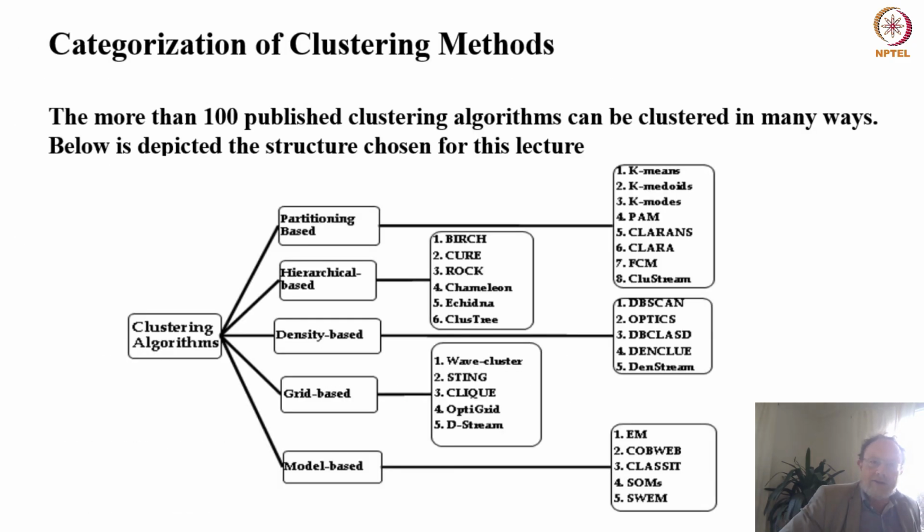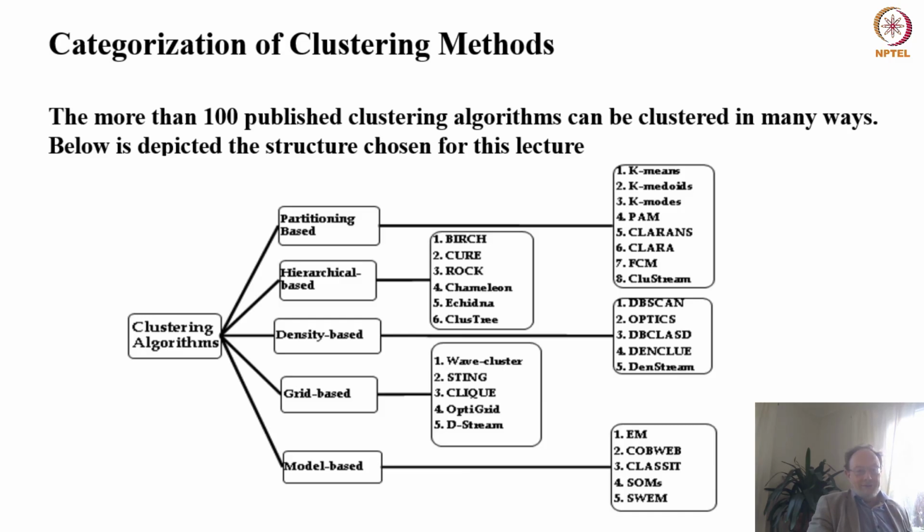As there are as many as 100 or more published clustering algorithms, these clustering algorithms can themselves be clustered in many ways. And you find in the literature very many ways of doing it. For this lecture, I'm just choosing one of these ways of categorizing the clustering algorithms.